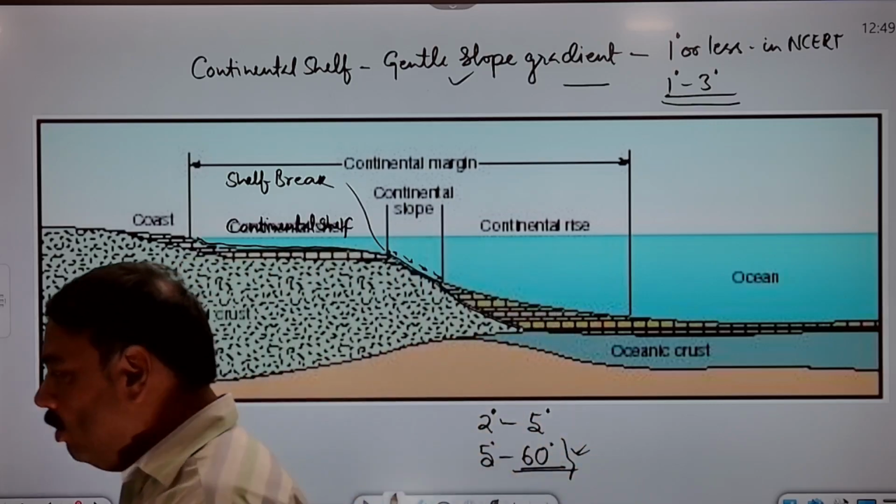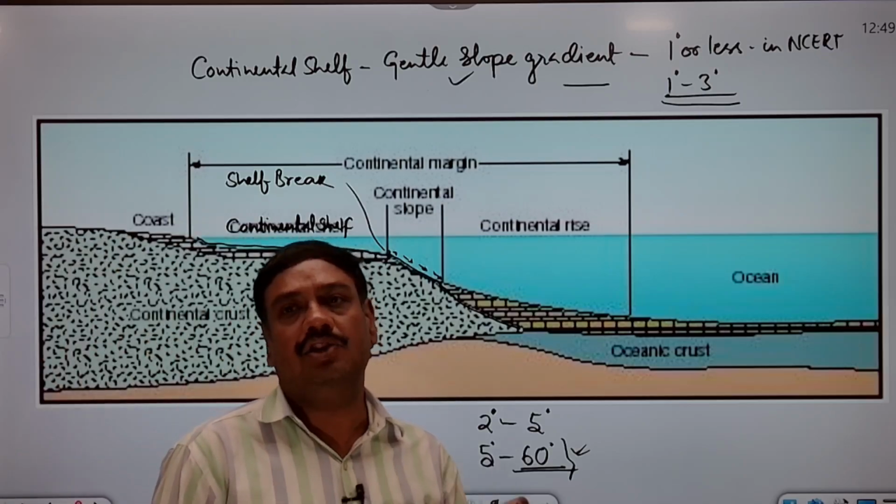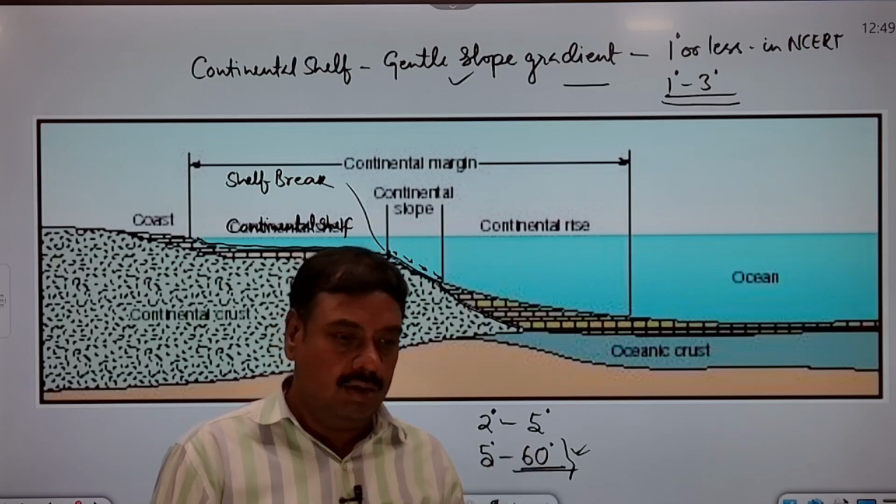Actually, the narrow width and more width of the continental shelf is controlled by one of the factors.